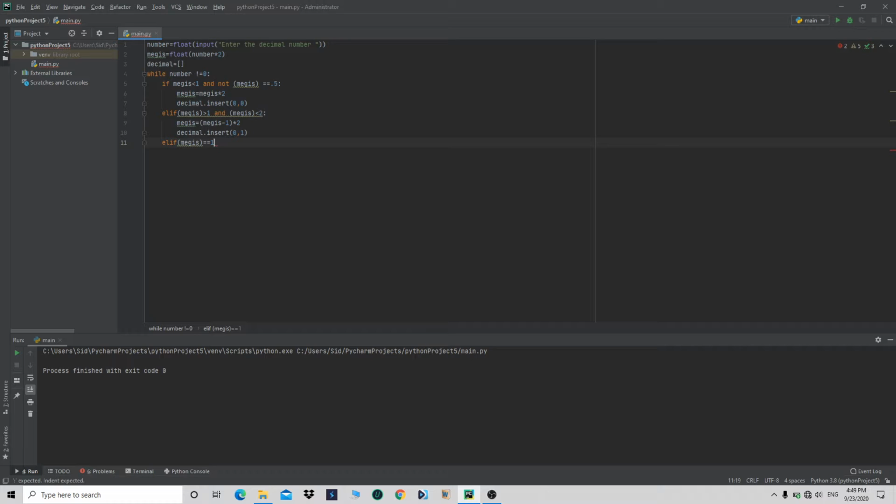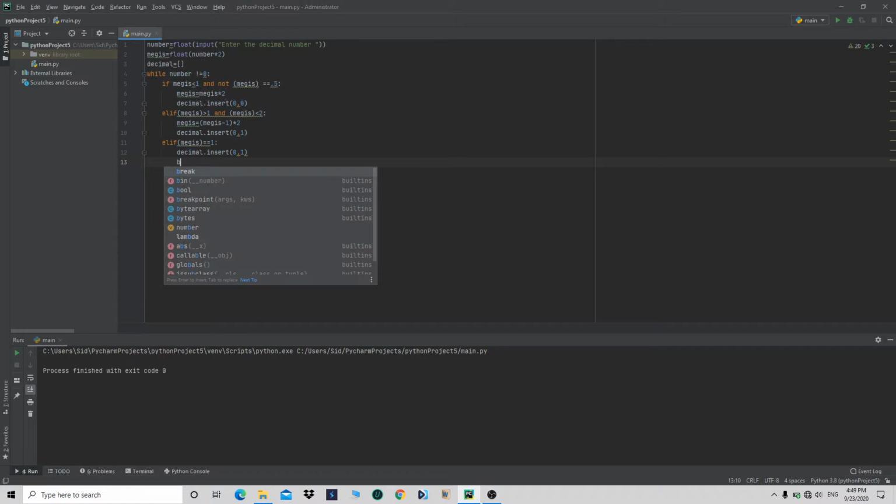In this case, we need to break the loop. But before we break the loop, we need to insert into decimal at index 0 the value 1, and then we break the loop.